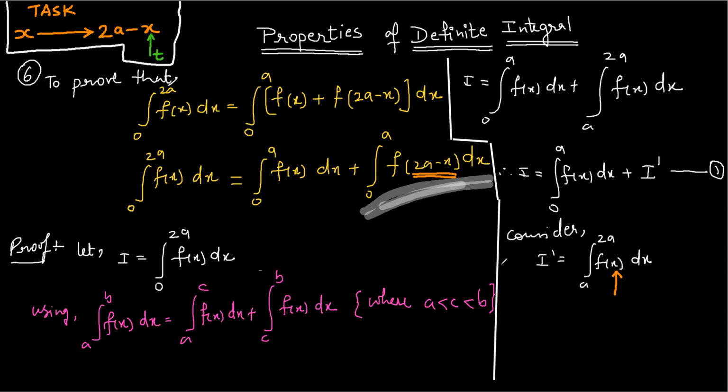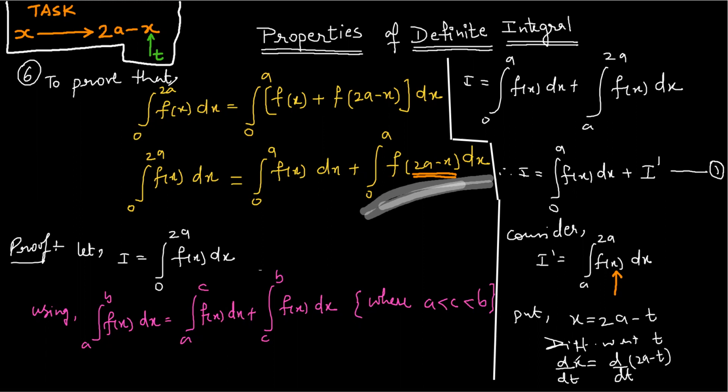So here I write, put x equals 2a minus t. Now differentiating with respect to t, d by dt of x equals d by dt of 2a minus t.